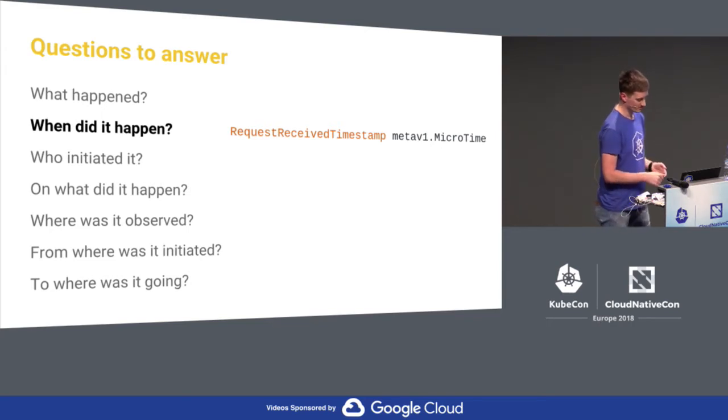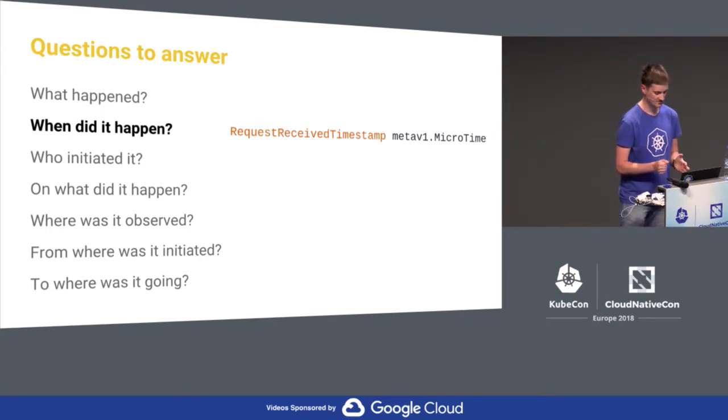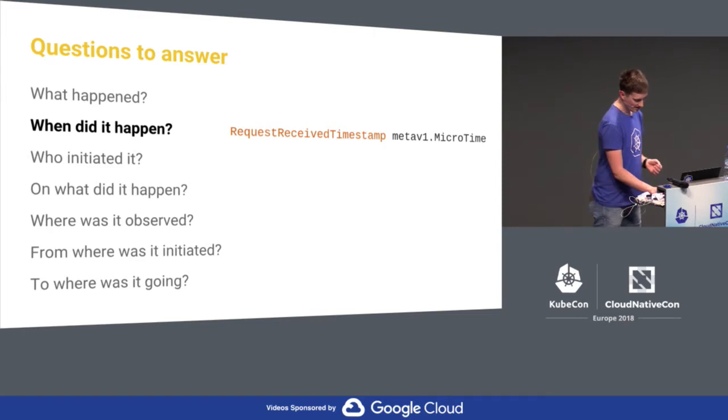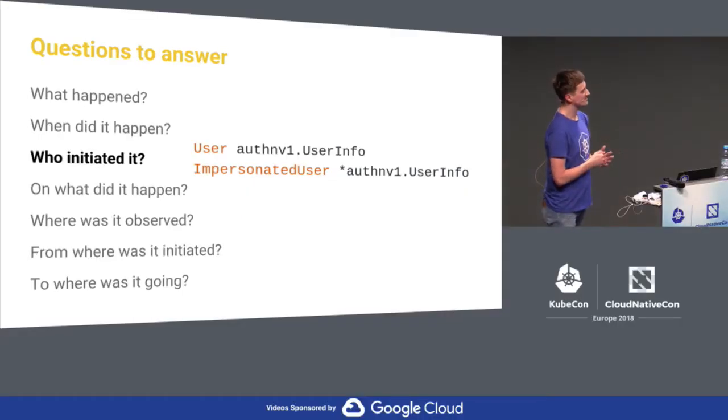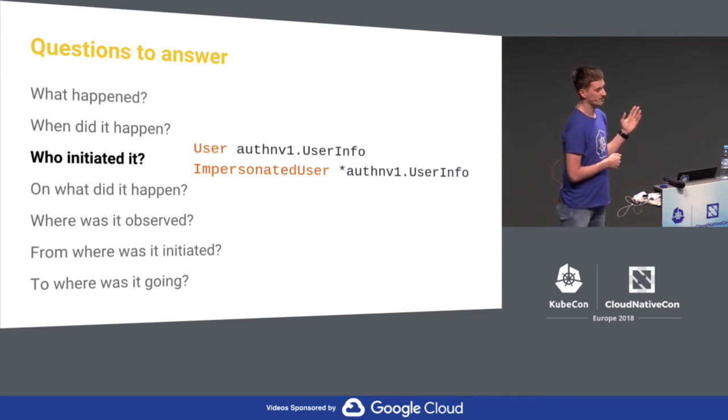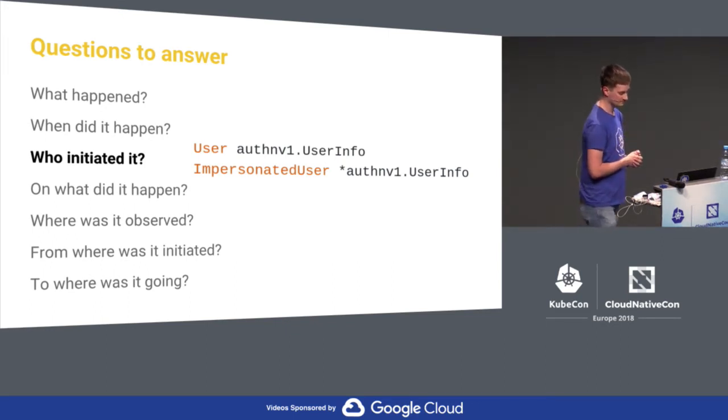That depends on your preferences. I'll explain the difference between them a bit later. The next question is: who initiated it? Yeah, we have everything. We have user, we have impersonated user. A very important note: if the request was sent to the unsecured port of the API server, we are going to have something like system:unsecured here.